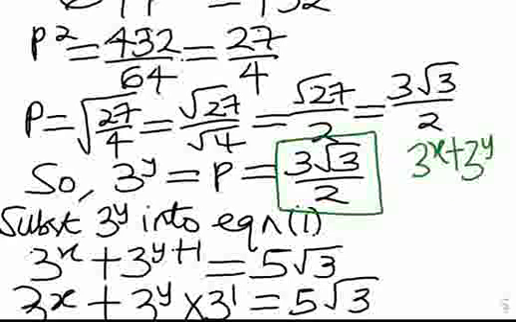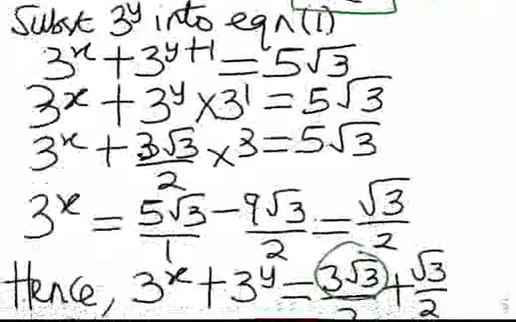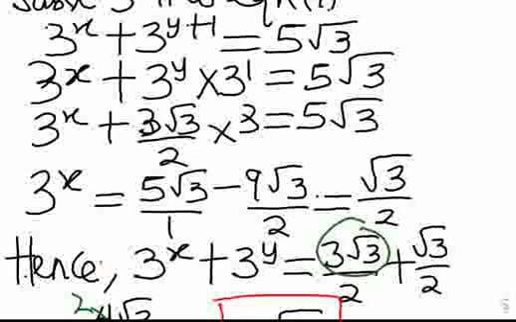In order to do that, I have to substitute the value of 3 raised to the power y into equation 1. Firstly, I brought down equation 1. It is 3 raised to the power x plus 3 raised to the power y plus 1 equals 5 root 3. Then I substitute in the value of 3 raised to the power y. Firstly, this is split according to the rules of indices into 3 raised to the power y times 3.